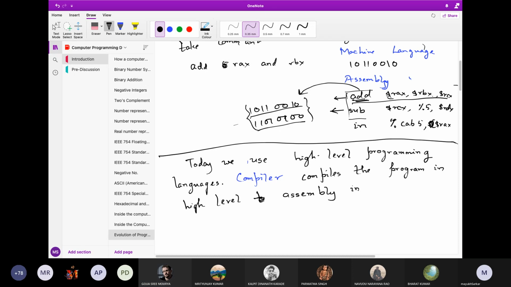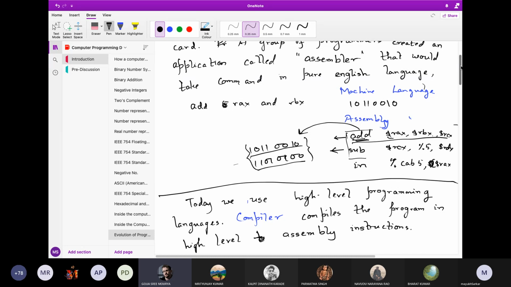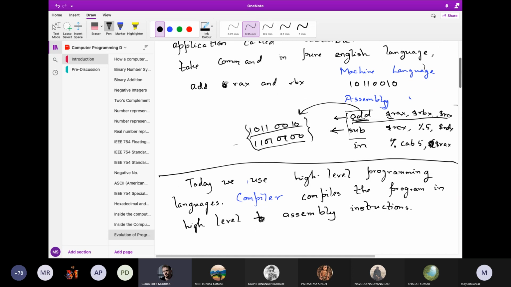Sir, at that time, for scientific computing and numeric computing, were these same high-level languages used, or any other languages? No, near the beginning of the 60s some languages came, like Fortran, formula translation, BASIC, COBOL, but they were somewhere between assembly language and today's high-level language.